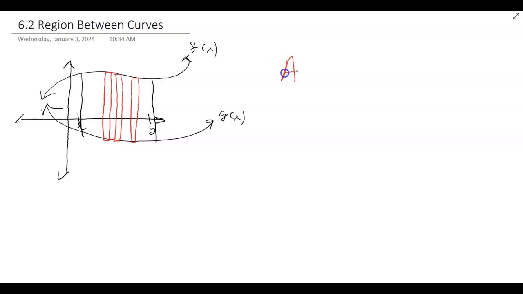When we think of that area in the Riemann sums, it was essentially to get the area of an individual rectangle.